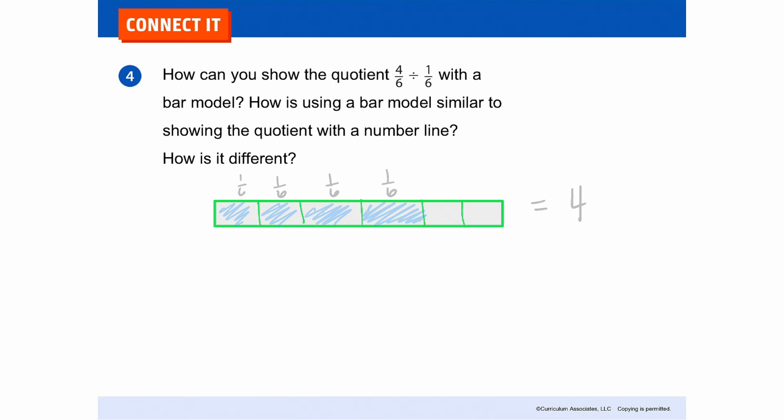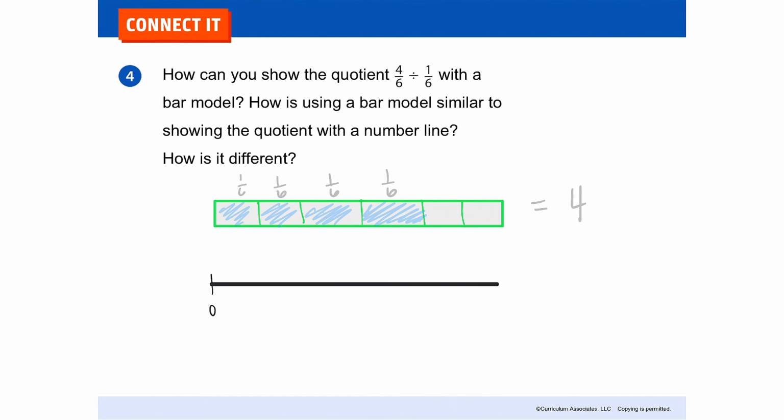So it's asking us, how is using a bar model similar to showing the quotient with a number line? Well, we're both looking at starting at 0 to 1 whole. But when we're using a number line, let me just draw a line here. If I have a number line here, that's the same deal.